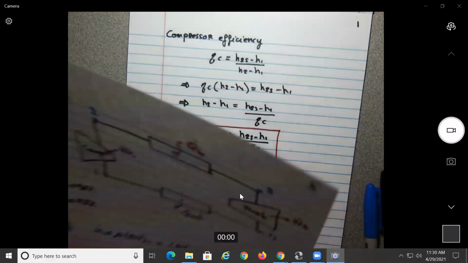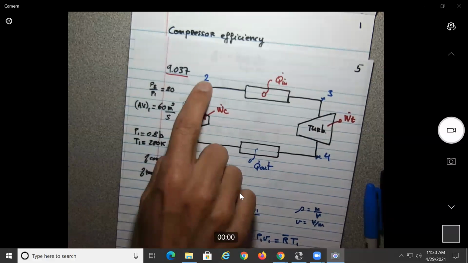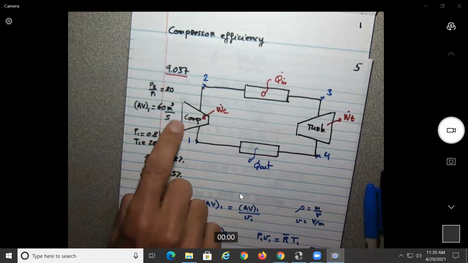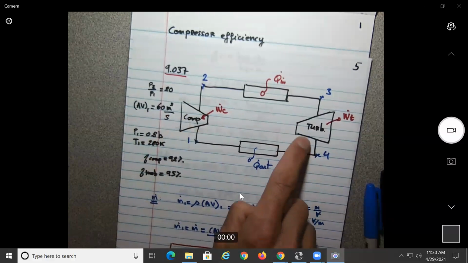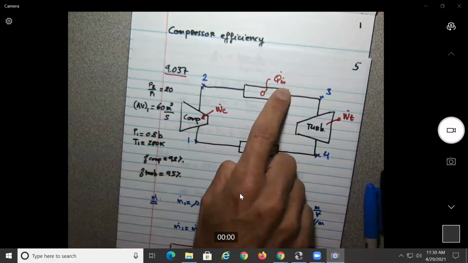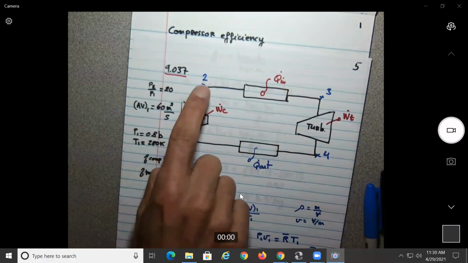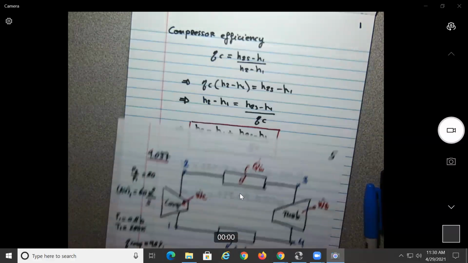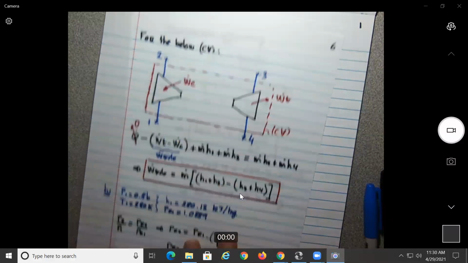So we're here, we go here. So here we have the compression ratio. This will have a similar compression ratio. So now we need to go to what's happening here. So we know H1, H2, we need to find H3 because it's needed over here, H3, okay?